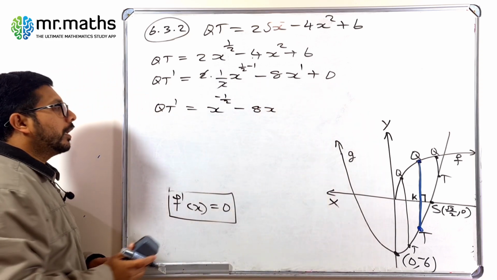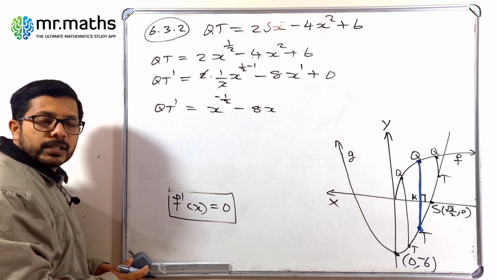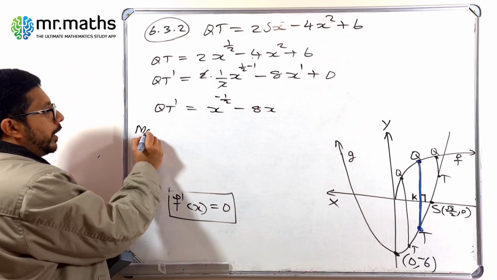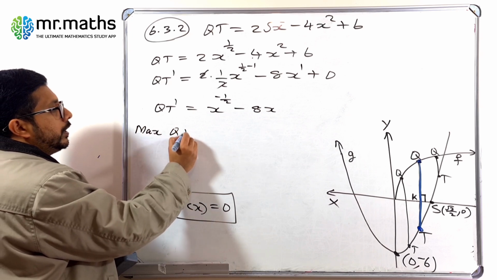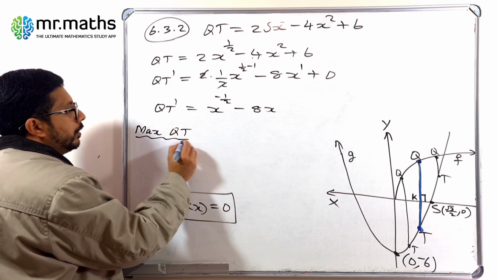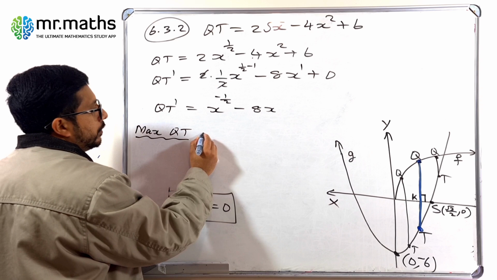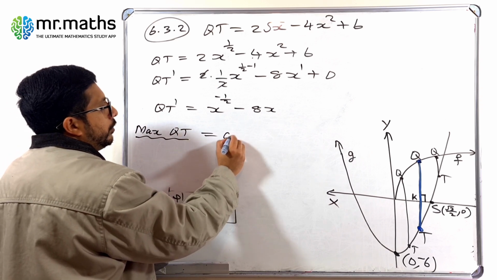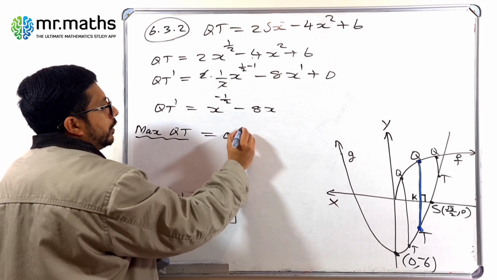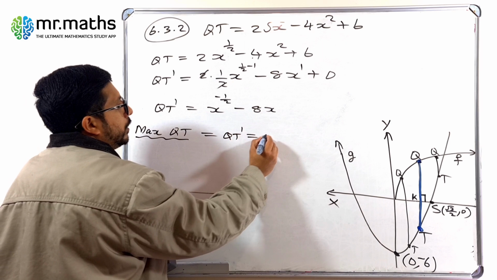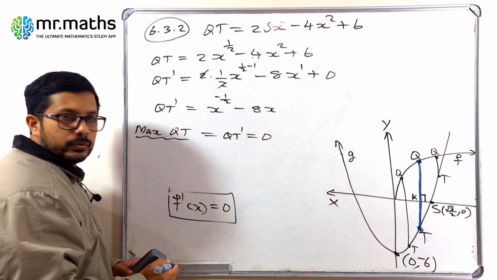Okay, and now at maximum qt, what is the meaning of that? qt dash is equal to 0. Am I right?